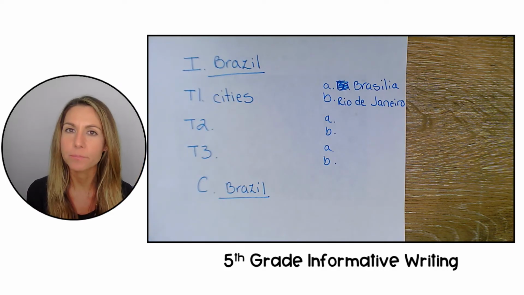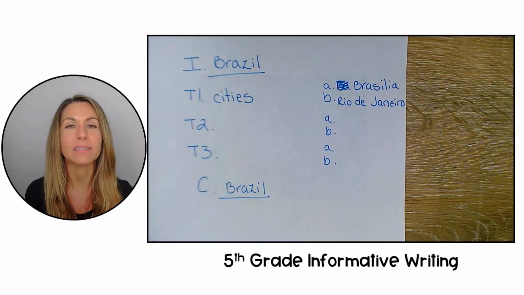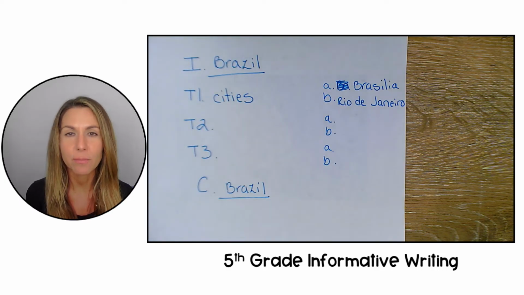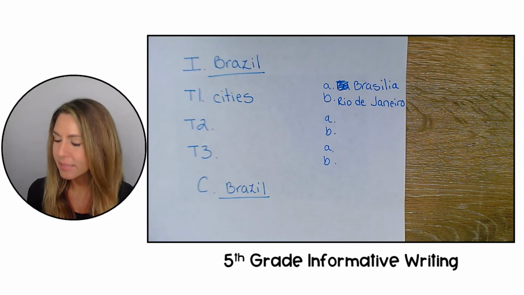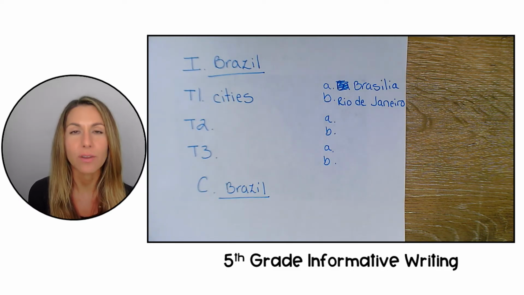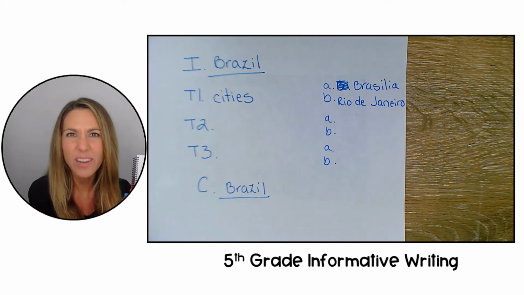Because here's the thing. I have a big responsibility. I'm writing an essay that is going to inform and teach my readers. So it's my responsibility to teach them correctly, which means I have to spell the words that are in the passages correctly. And if I don't know how to spell them, luckily, all I have to do is look back. They're right here for me to copy.